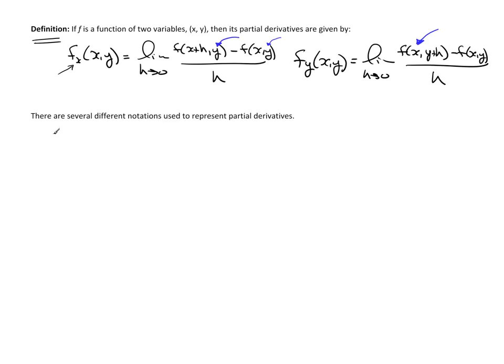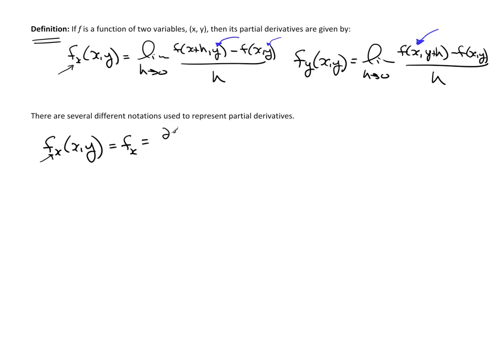One of them I just used here, f sub x of x, y. This is saying I have a function f of x and y, and I'm taking the partial with respect to x. And another way of writing this is simply the shorthand notation f sub x.